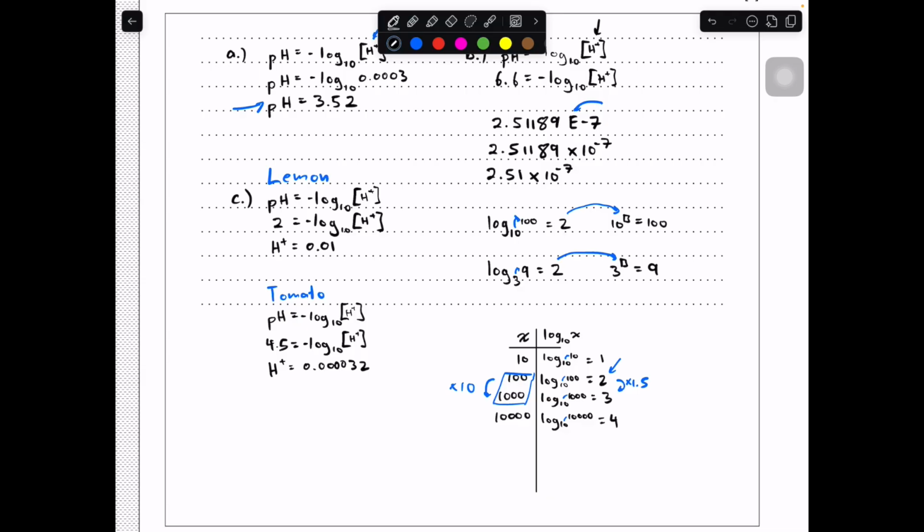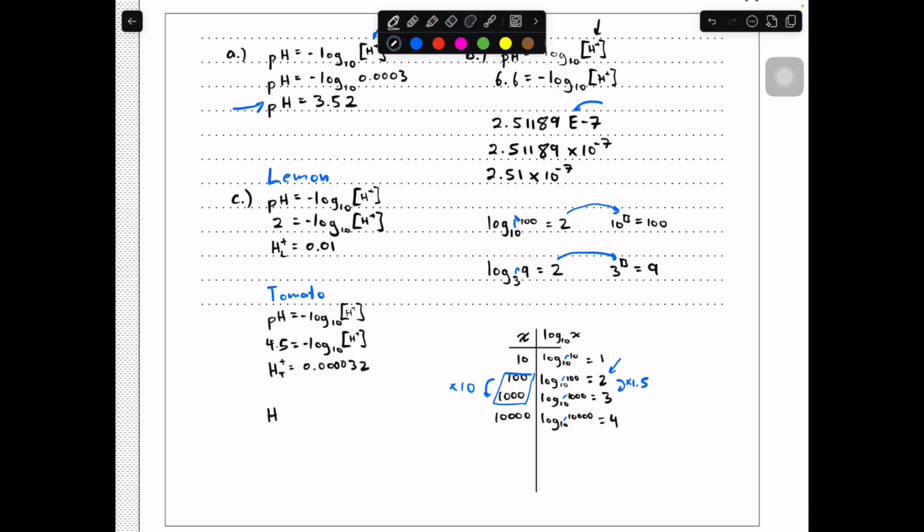How many times stronger is the acid in a lemon when compared to the acid of a tomato? So if we wanted to say this is the number of hydrogen ions in a lemon versus the number of hydrogen ions in a tomato, how many times stronger?